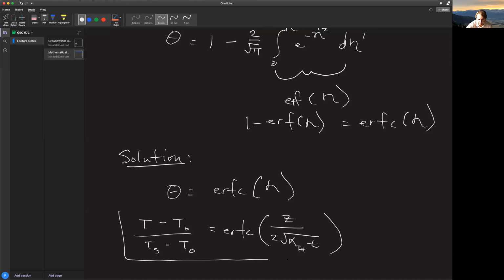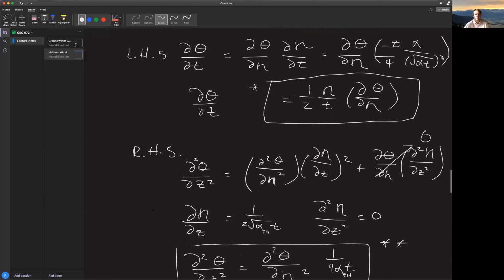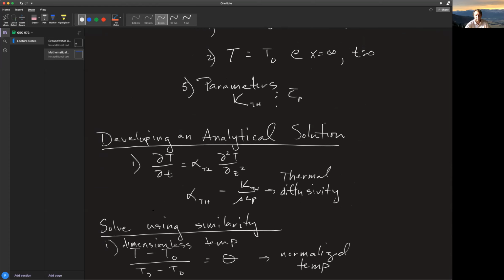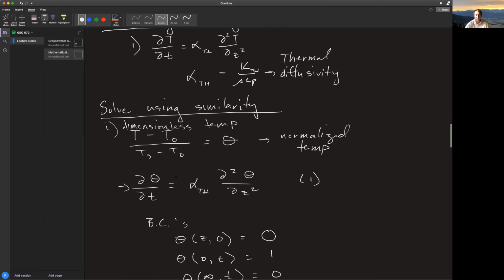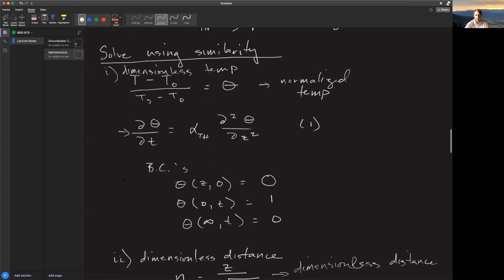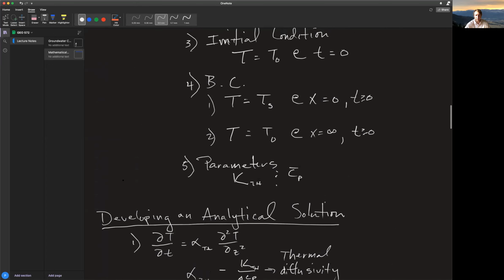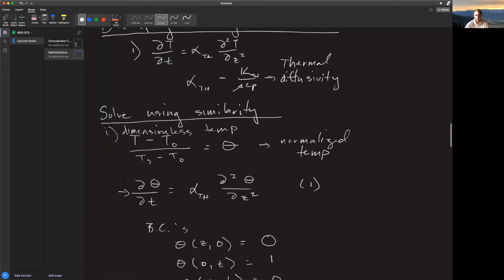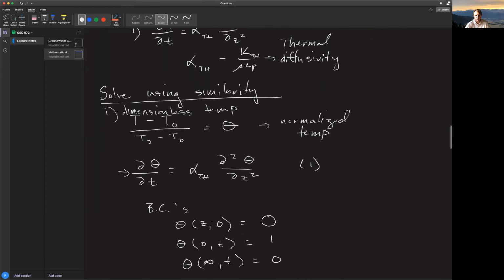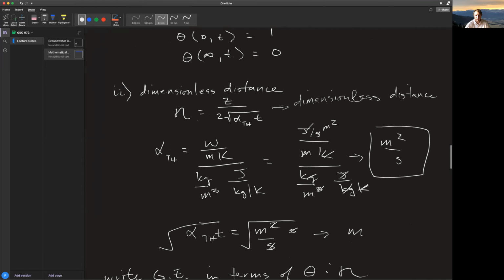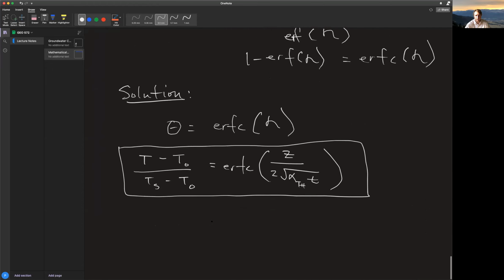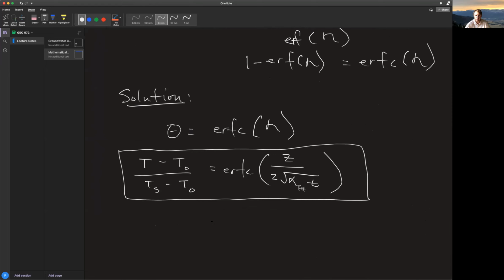And this is a solution to our partial differential equation. It obeys all these derivatives here, dT/dt and d squared T/dz squared, subject to these boundary conditions. We know that when we put z equals 0 in there, we'll get the right answer, and when we put z equals infinity, we'll get the right answer.